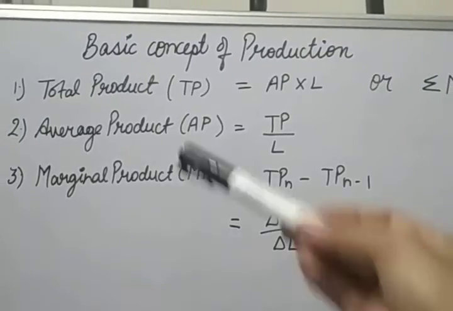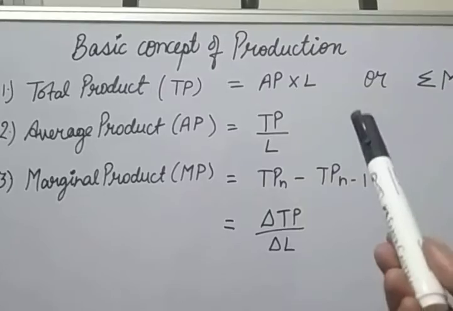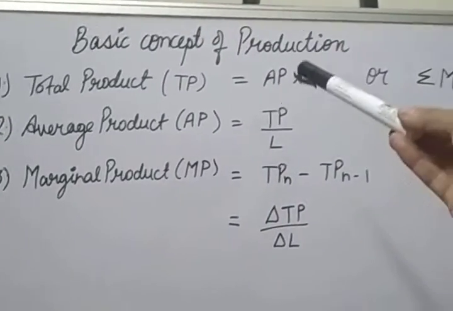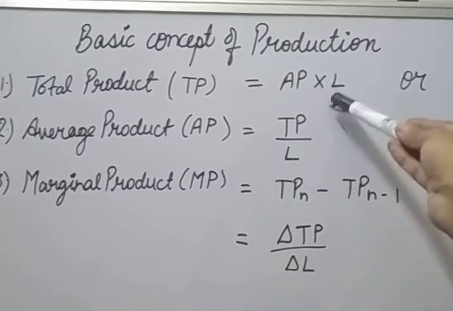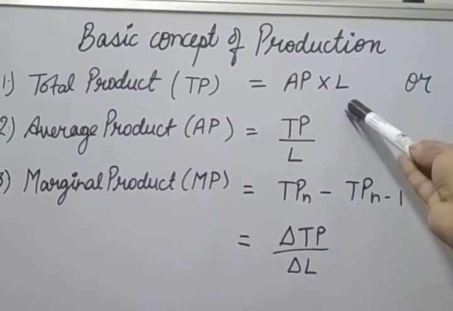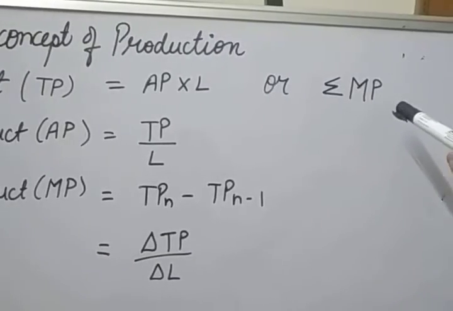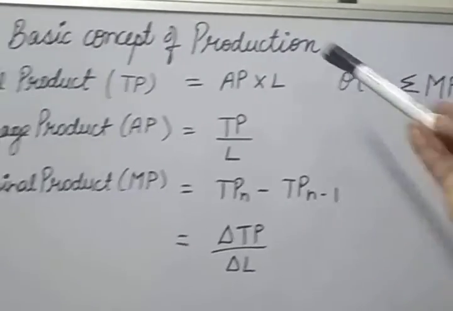So the formula of TP is average product into L, that means any variable factor, if labor is given, or the other formula is summation of marginal product.